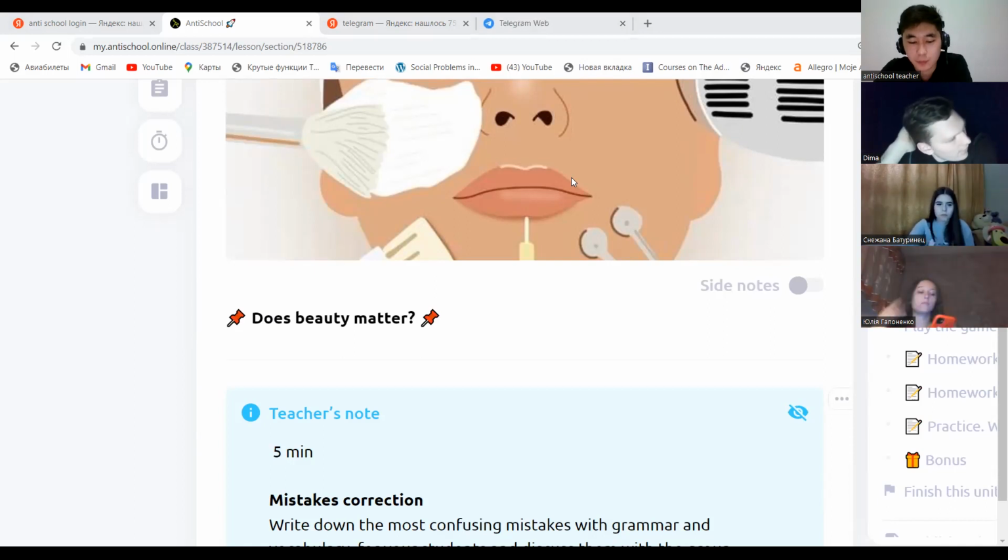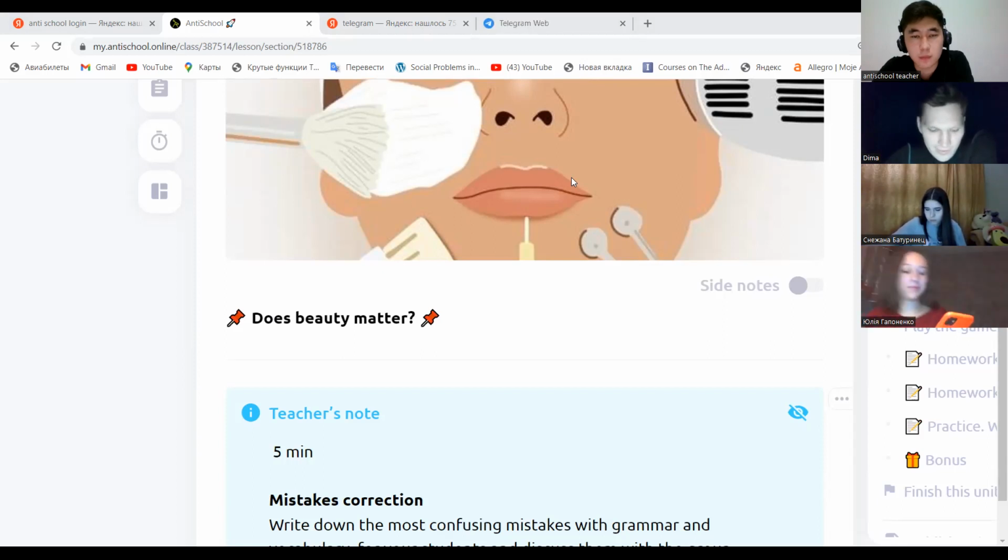And Dima? I think everyone has a different view on beauty, and in different times, society has different criteria of beauty. Because a couple of centuries ago, beauty for people was to be chubby, and being toned was not beauty.